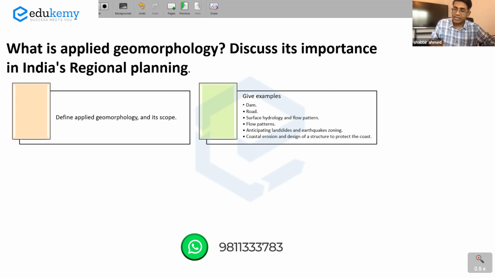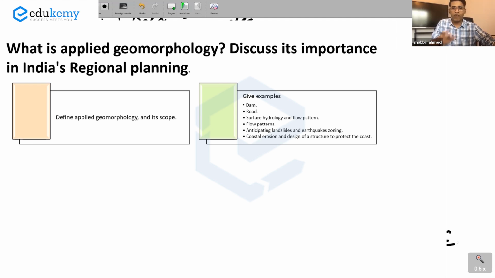Examples ke liye you can say, you have engineering design such as dam constructions, road constructions, examples of managing surface hydrology and the flow patterns. You can talk about anticipating landslides and earthquake zoning, understanding coastal erosion and design of structures to protect the coasts. So give 4 or 5 examples.